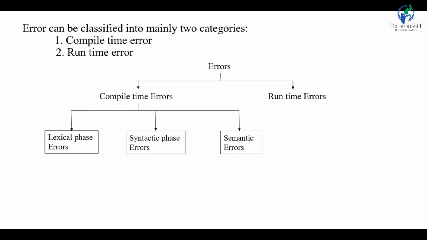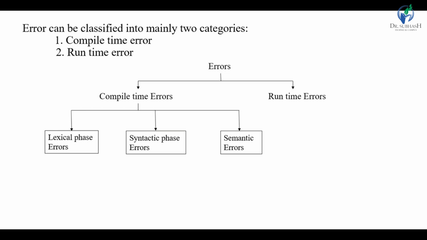Sometimes it may occur because of a logical error. Then what is logical error? It is code not reachable, or sometimes it may go into an infinite loop. So logical errors are best handled by program debugging. You can handle logical errors with the help of program debugging.